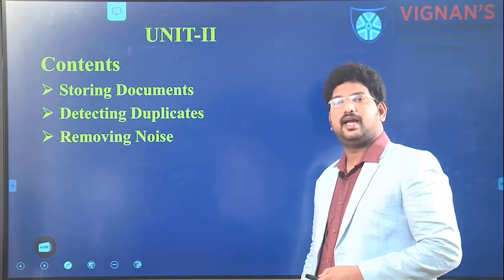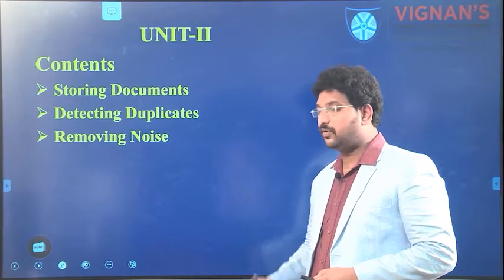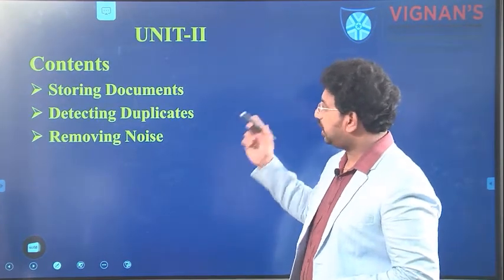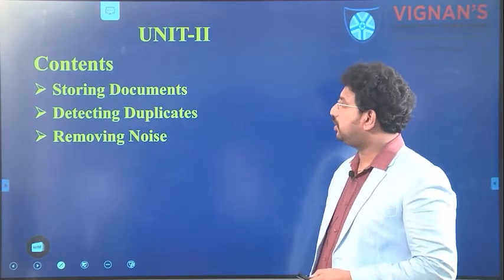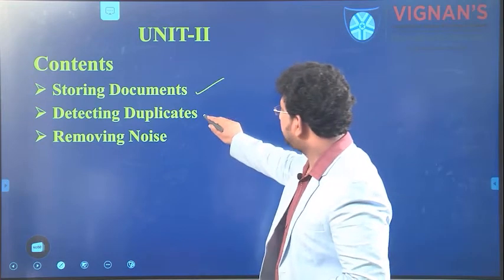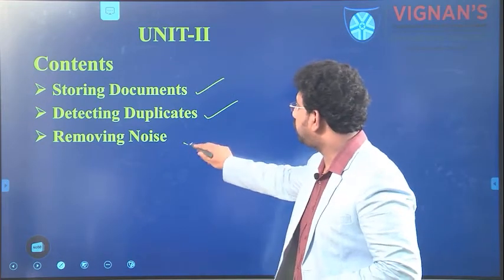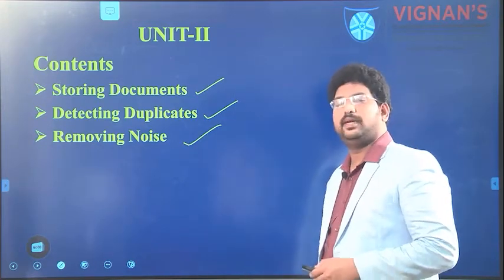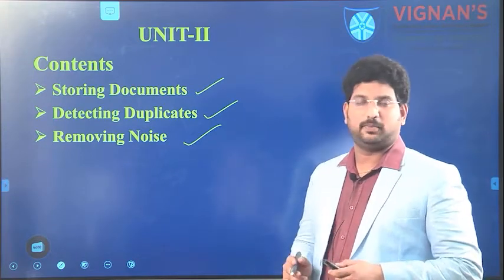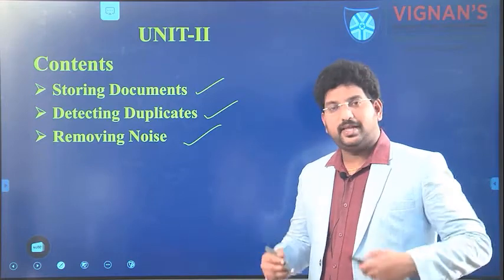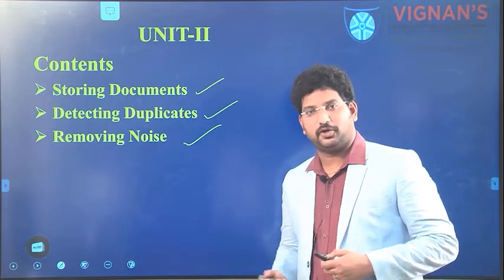In today's class, I am going to cover a few of the remaining concepts present in the second unit as follows. If you observe, the contents present in the second unit are storing documents, detecting duplicates, and removing noise. As part of storing documents, we are going to understand the need for storing documents on the web. We know that the web is a huge collection of documents.